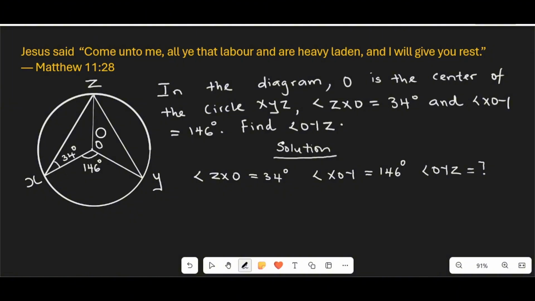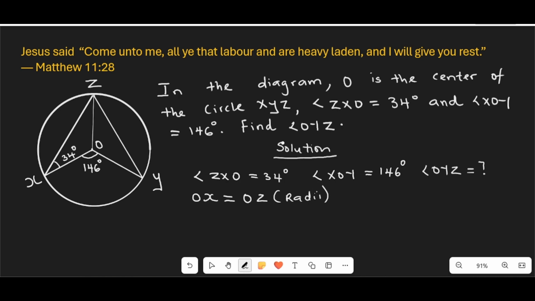OX and OZ are equal because they are radii of the circle. So OX is equal to OZ. Since OX is equal to OZ, triangle XOZ is an isosceles triangle, and the base angles of an isosceles triangle are equal.